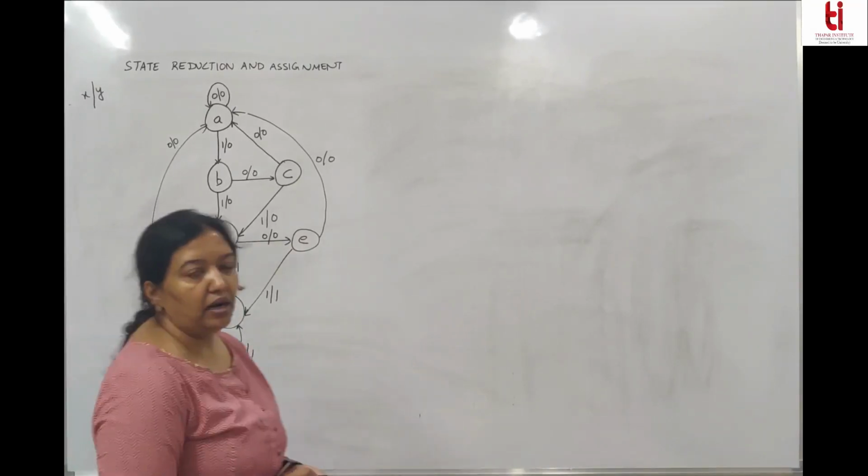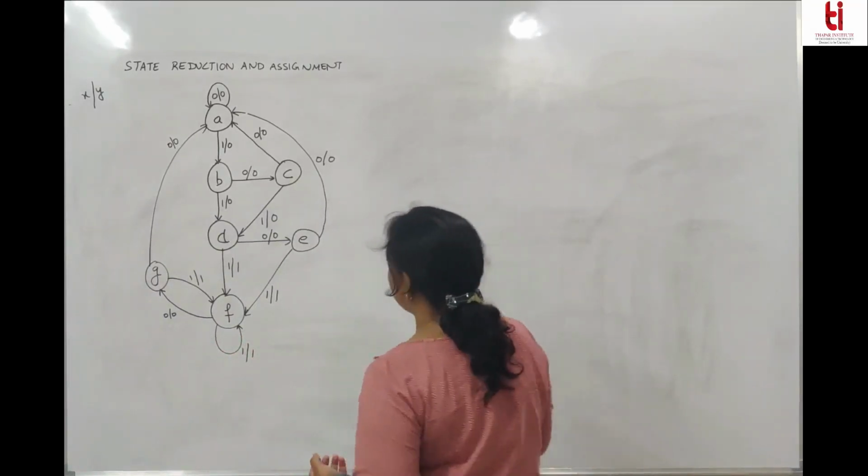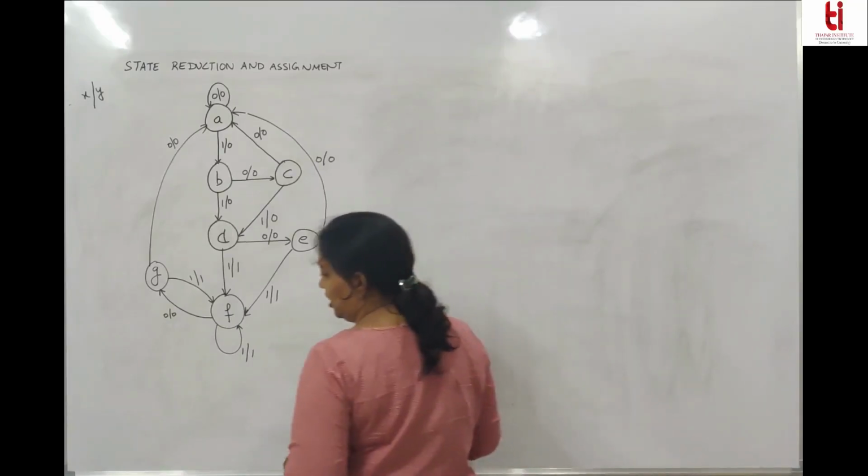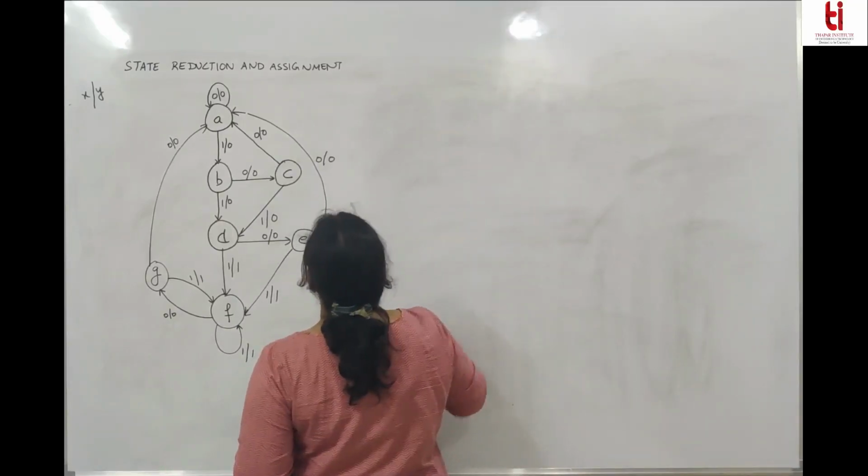This is the state diagram of a given set of specifications. So we will draw the state table for this one.